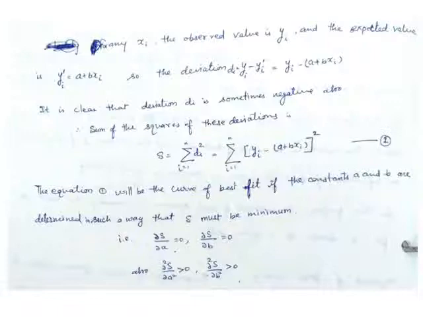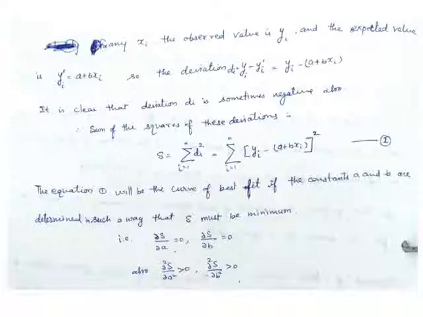In equation 1 we assume y equals a plus bx will be the curve of best fit. When will it be? Only when the constants a and b are determined in such a way that S is a minimum, where S means equation number 2. So we need to determine a and b for which S is minimum, and this is calculated by del S by del a equals 0 and del S by del b equals 0.